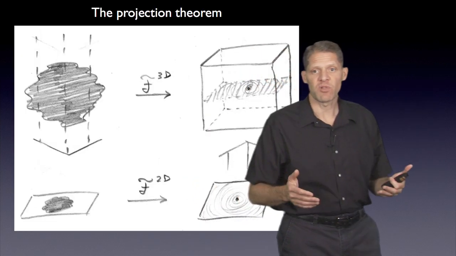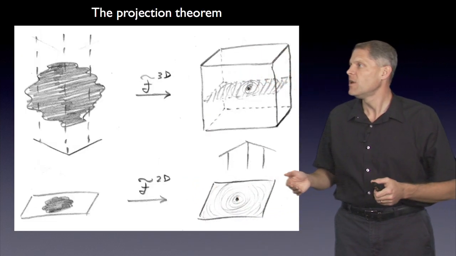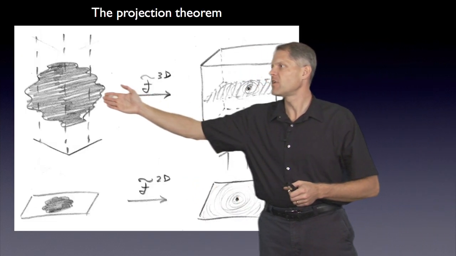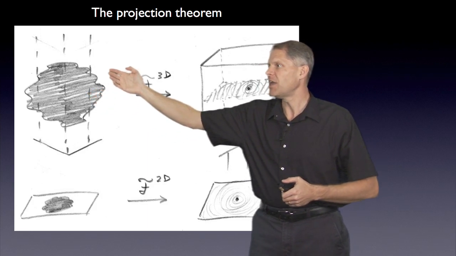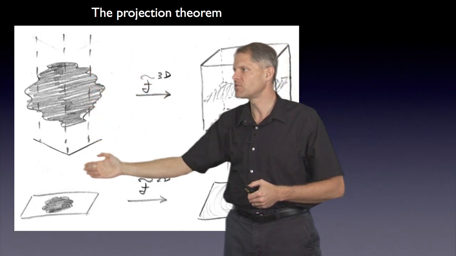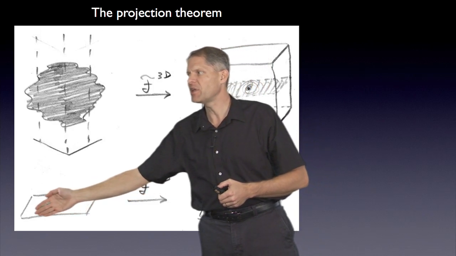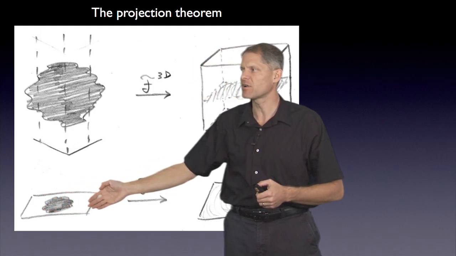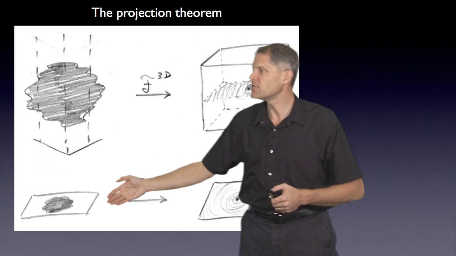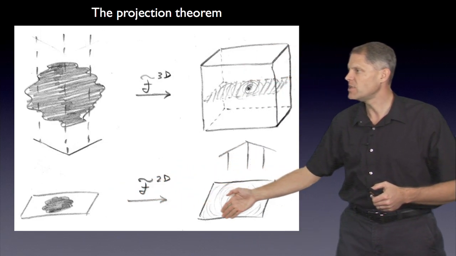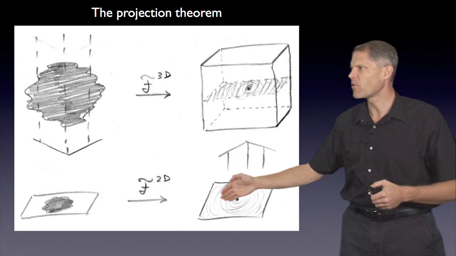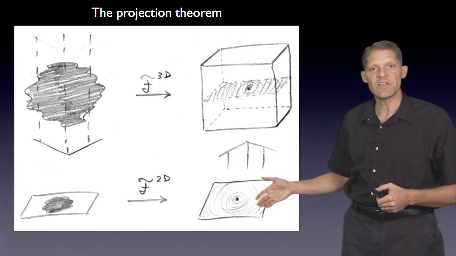Now it also exploits the projection theorem, which is again that if you have an object in 3D, like a protein complex, and you record a projection image through it, you now have a two-dimensional projection image of that particle. And if you calculate the two-dimensional Fourier transform of that image, you get a two-dimensional Fourier transform full of amplitudes and phases.